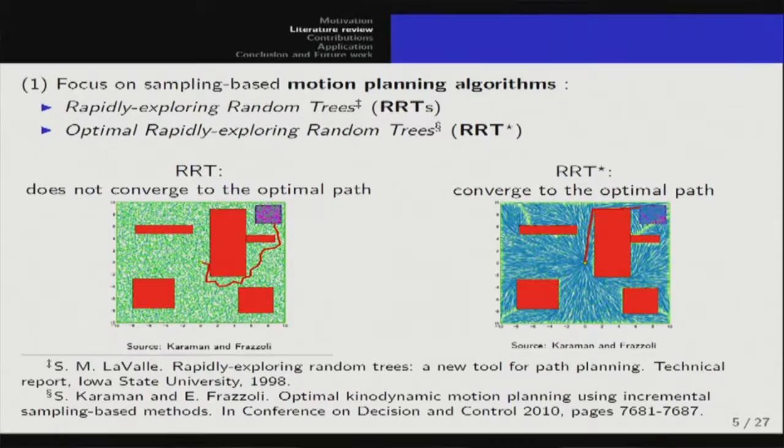The difference, though, is that the RRT does not converge to an optimal path, while the RRT star will converge to an optimal path. This can be found in the way the trees are constructed.